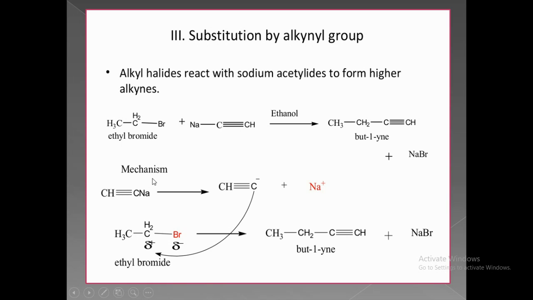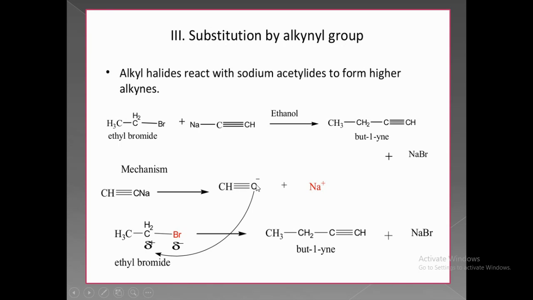So the mechanism of this reaction will be like this: CH triple bond C and Na. Na has a positive charge and C has a negative charge, so the carbon completes its valency as C negative with the triple bond CH.